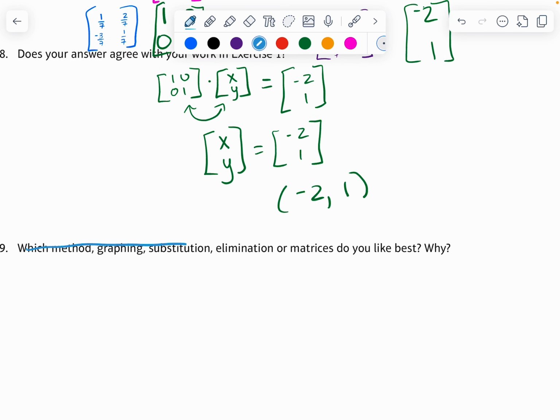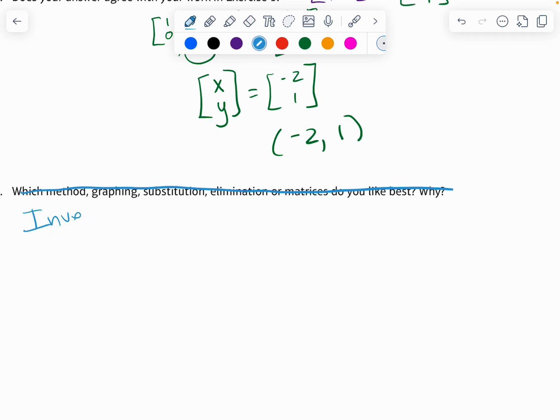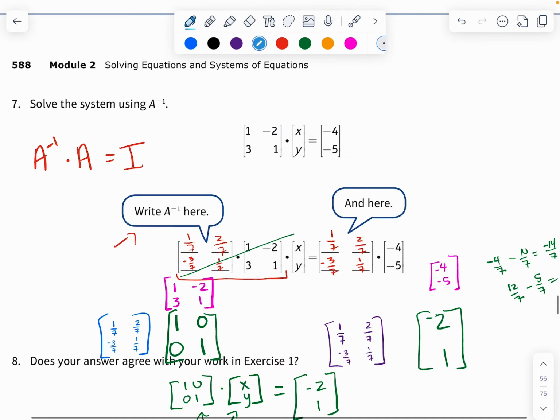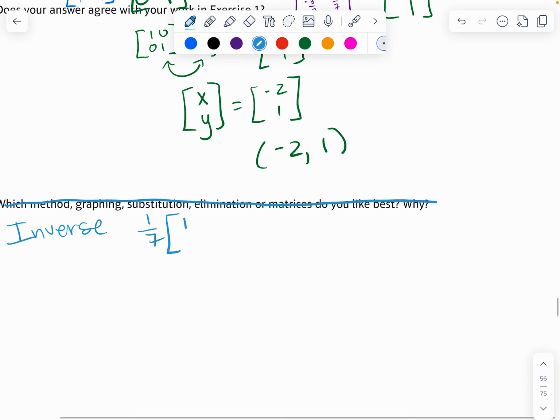Okay, so we're ignoring this right here. Okay, so the inverse that we found a minute ago was 1/7 times, and now I have to remember, 1, 2, negative 3, 1. 1, 2, negative 3, 1. That was the inverse.